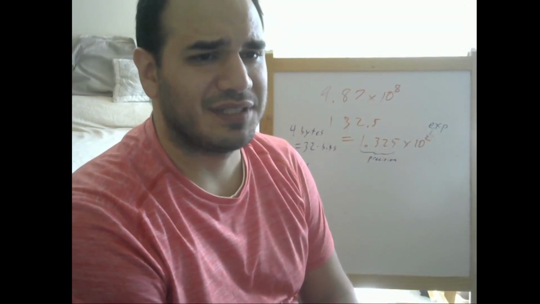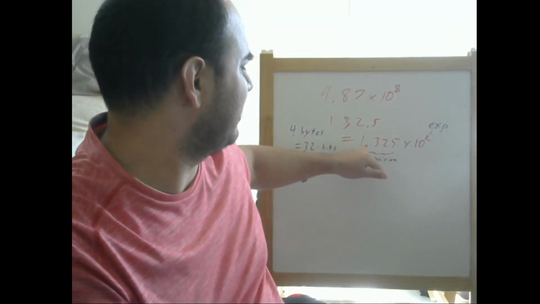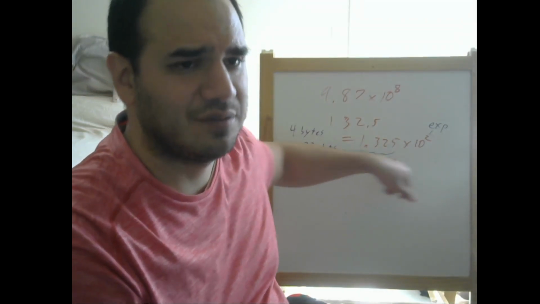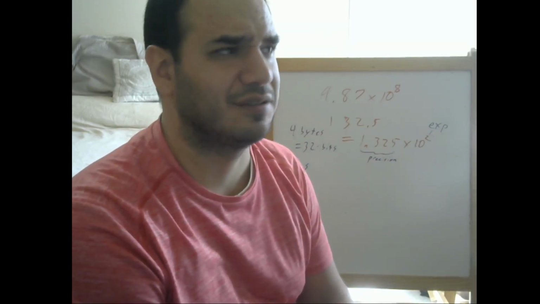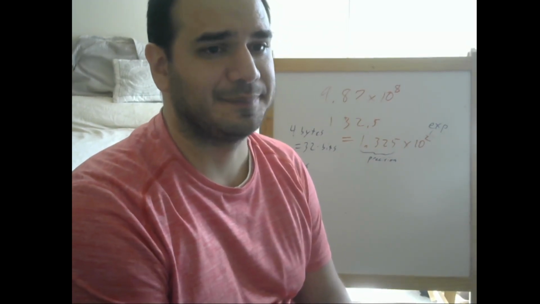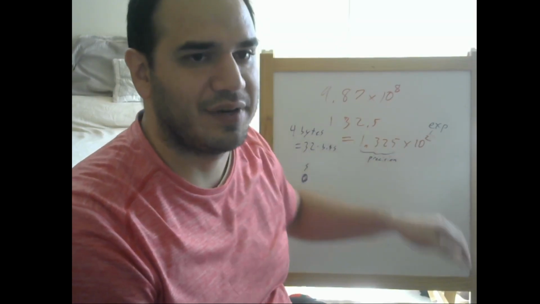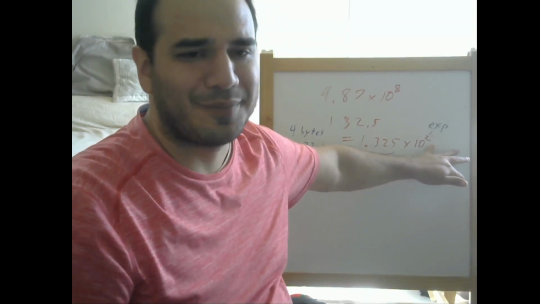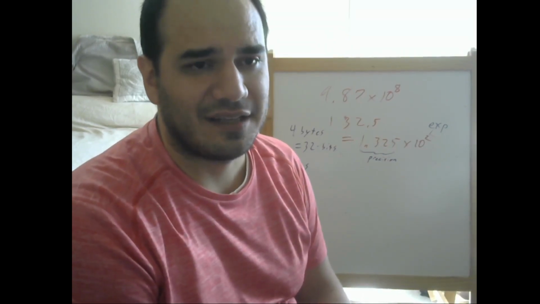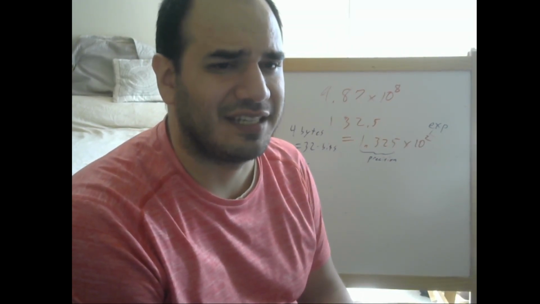But if we want to represent fractional values, right, we need to be able to move the decimal to the left or to the right, or our radix point, or our mantissa, whatever you want to call it. So that needs to be able to move around. It needs to be able to float around, if you will. So the exponent can do that if it's allowed to be both positive and negative.